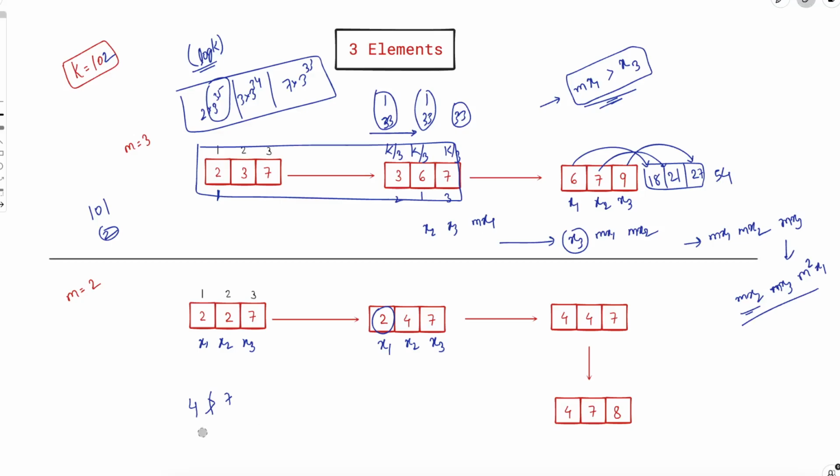So basically, the chances of this inequality being true has now increased. Why? Because x3 is still same, but x1 has slightly increased. So m cross x1 also might have slightly increased, which means this inequality might be satisfied now. But in this scenario, it is not, because it is still 2. So 2 cross 2 is still 4. 4 is not greater than 7.